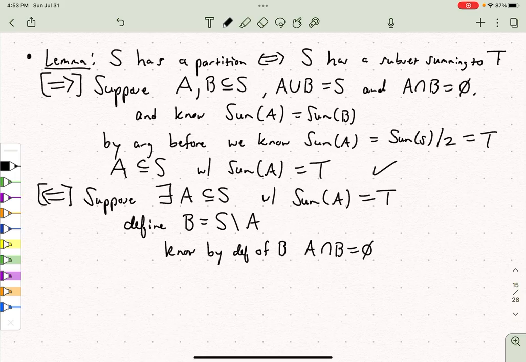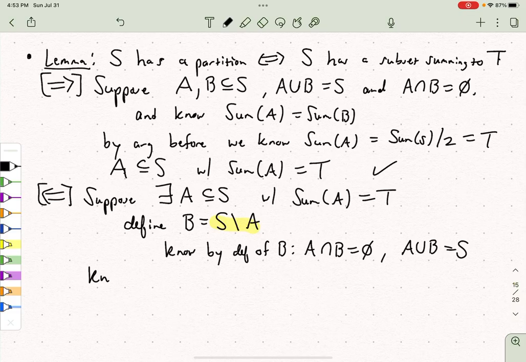That's because we defined it to be everything except things in A, so obviously they can't overlap. And we also know A union B equals all of S, and that's again just because B is everything else. So if you take some stuff and take everything else, well, both of those combined is all of S. So in other words, it is a partition.